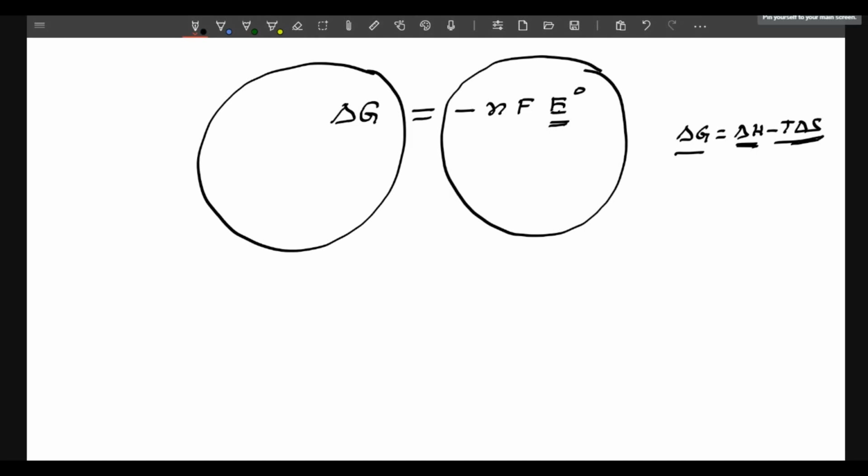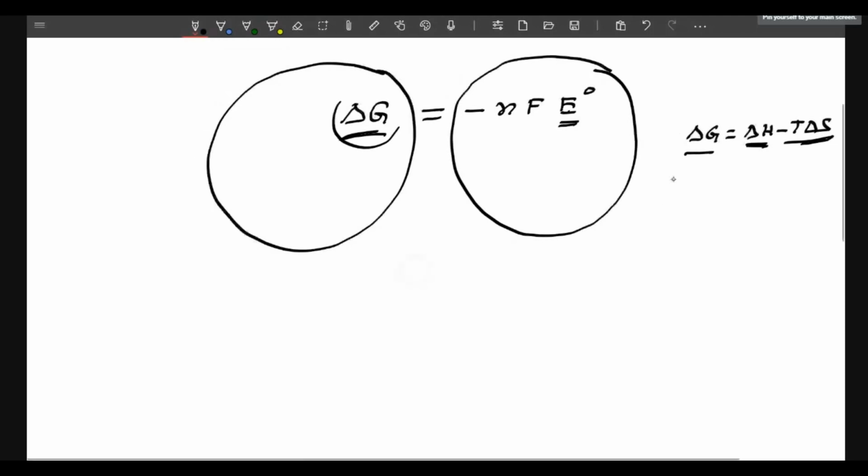If you want to convert an electrochemistry parameter into a thermodynamic parameter, or a thermodynamic parameter into an electrochemical parameter, you should pass through this bridge. What is the bridge connecting thermodynamics and electrochemistry? That is nothing but delta G is equal to minus nFE0.